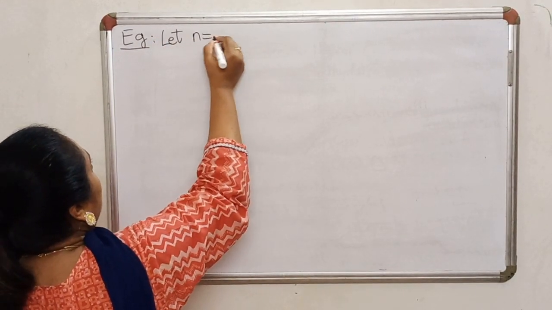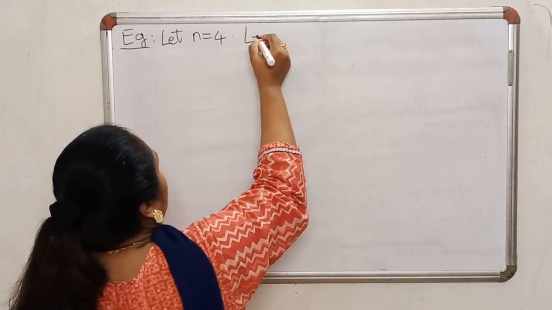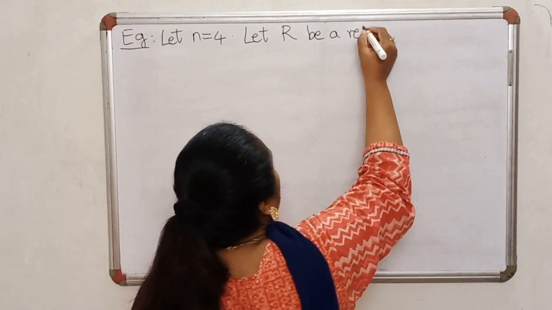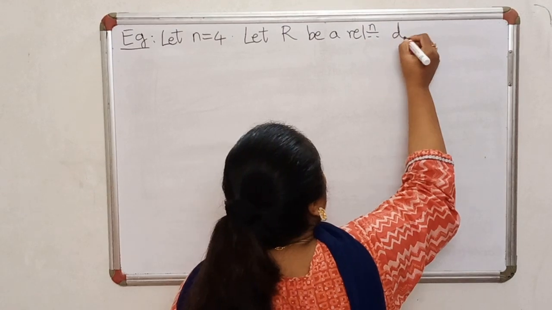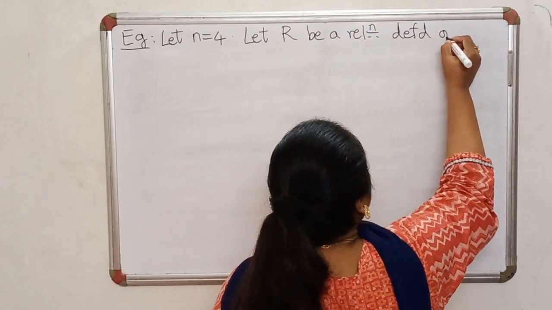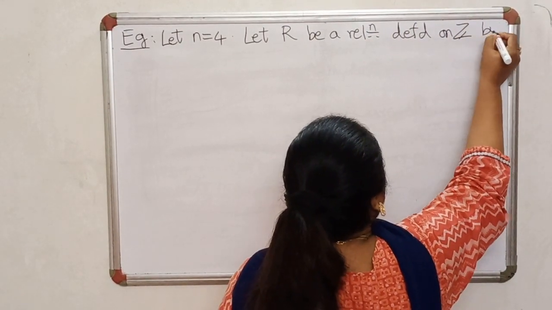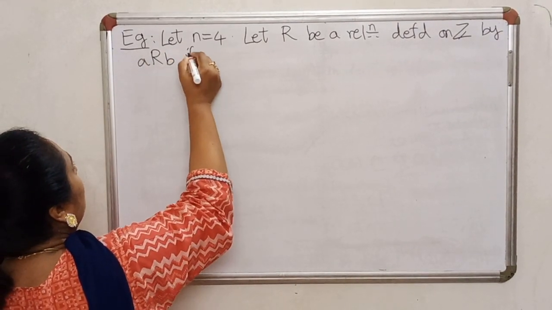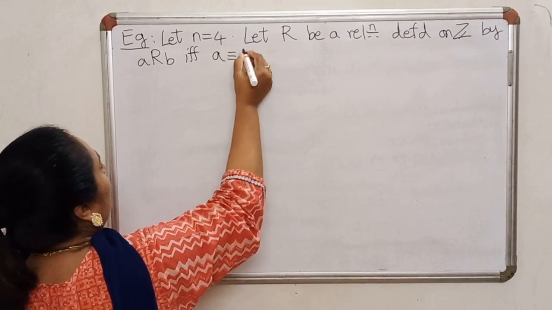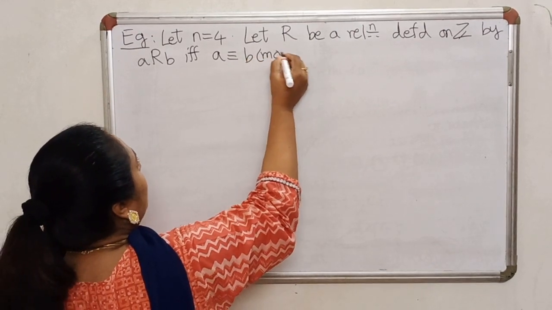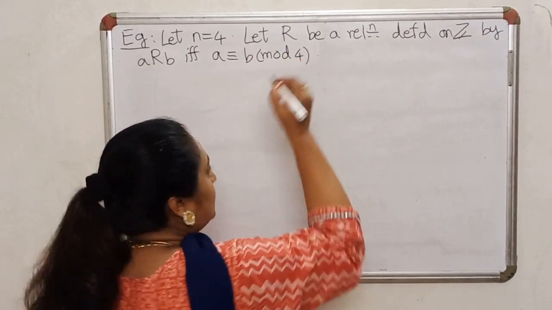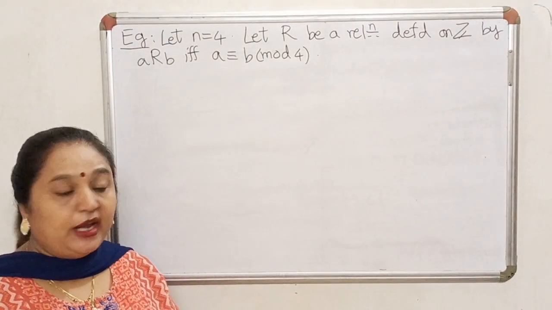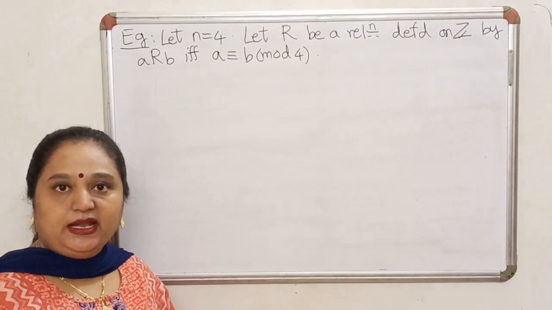So let me take n equal to 4 and let R be a relation defined on Z by A related to B if and only if A is congruent to B modulo 4 specifically. Now I have already proved that for a general value of n, R is an equivalence relation.